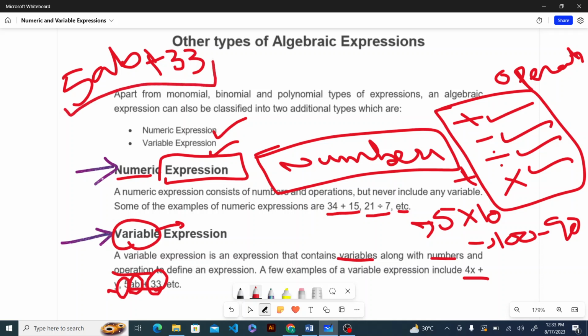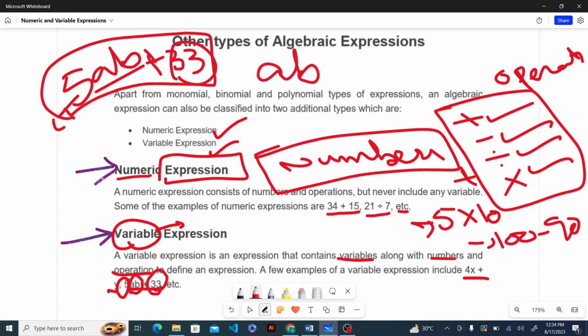It can also be called, normally it is called what? Algebraic expression. Okay, so because here variables are included and then numbers are included, and this 5 is the coefficient.